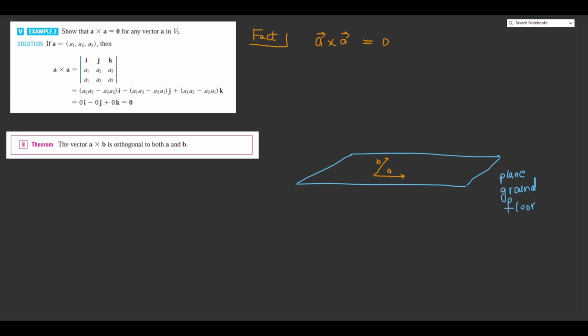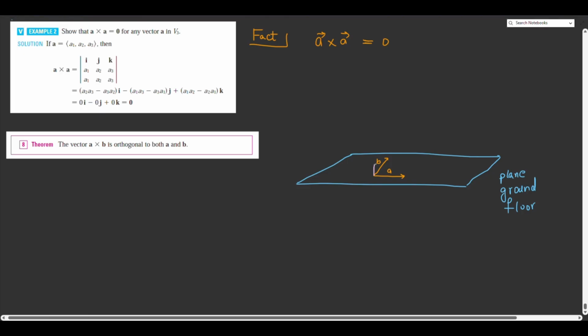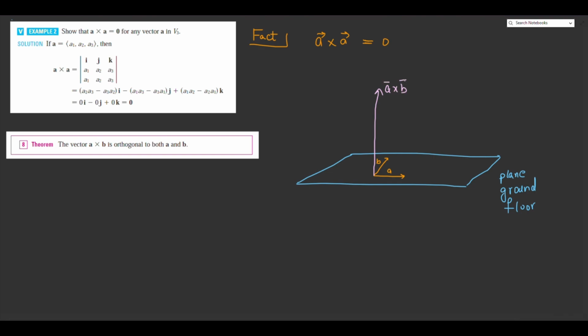So what will be A cross B? A cross B will be a vector which is perpendicular to this plane, and here we have this A cross B. So this is how you can imagine it. The vector A cross B is perpendicular to both the vectors A and B.